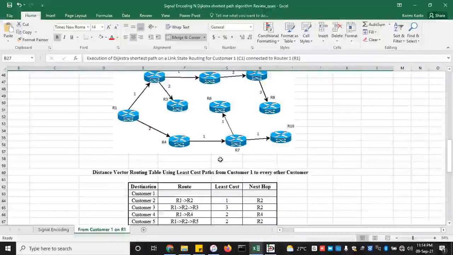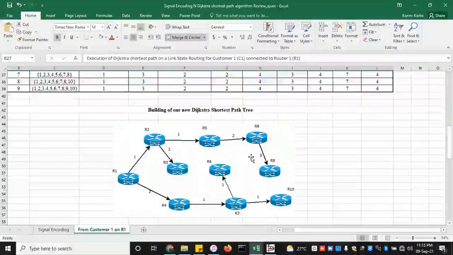But these are mostly for your RIP, most of your interior routing protocols.